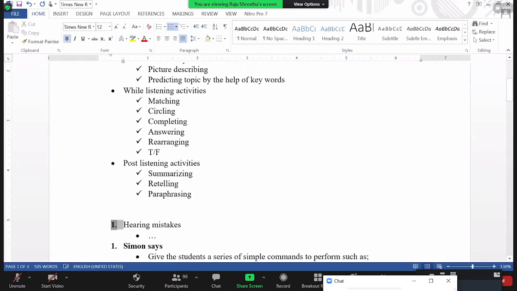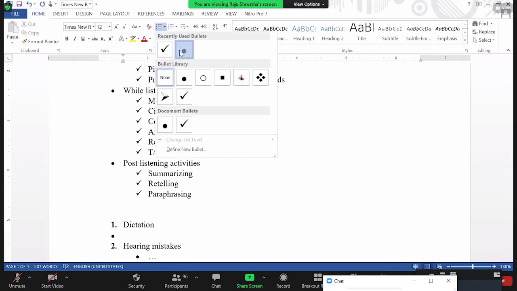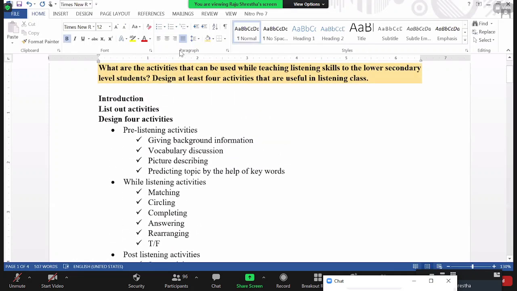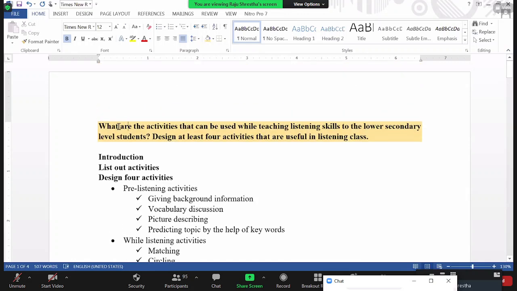So dictation, this kind of activity. If the question is asked like this, what are the activities, what are the techniques, techniques or activities are synonymously used.